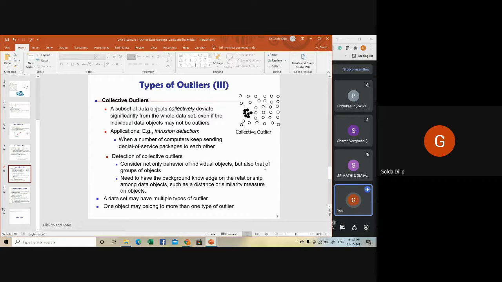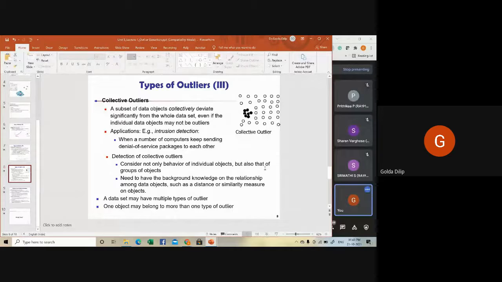When a number of computers keep sending denial of service packets to each other, a DOS attack is happening, and with a number of computers reporting it, it is definitely an example of a collective outlier. But one particular computer being non-responsive or similar could be treated as noise. So that's regarding the third one.